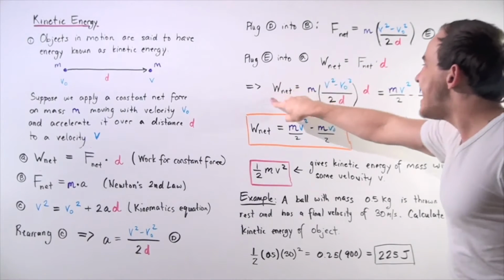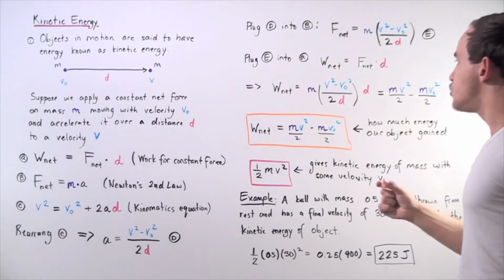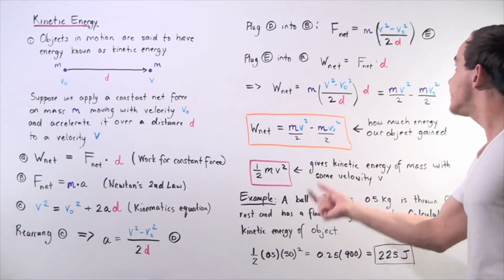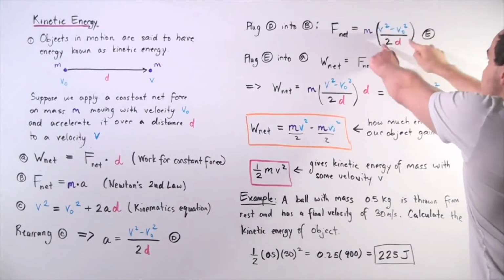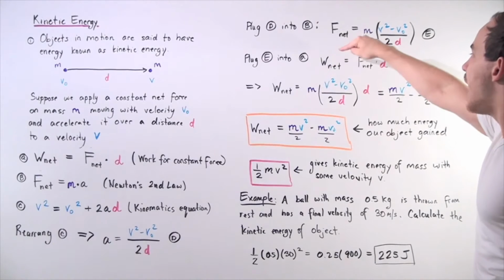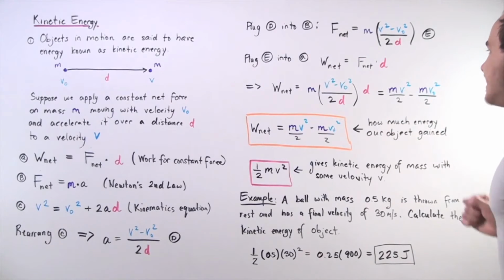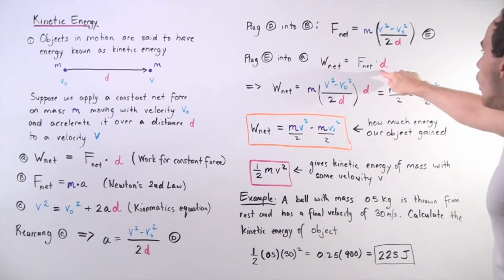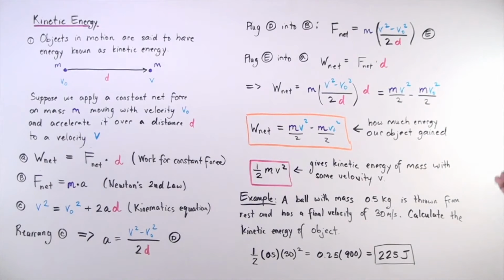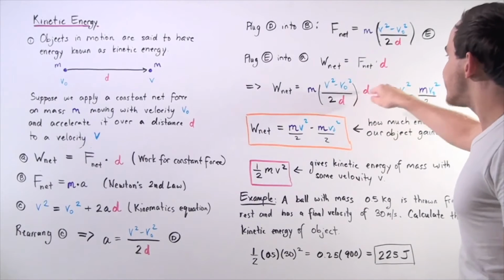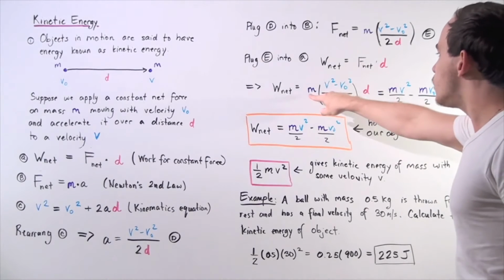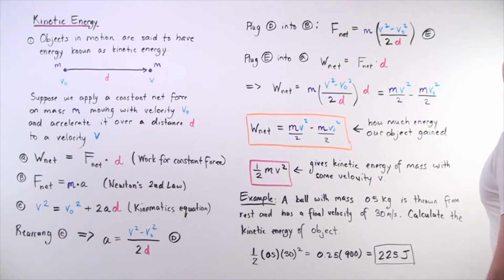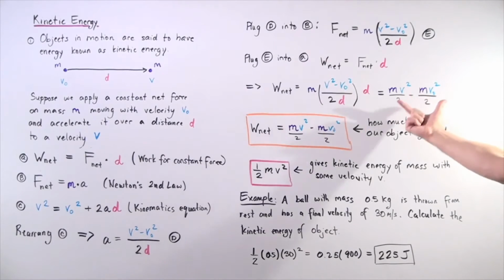So we get our net work is equal to the mass of the object multiplied by this whole guy, so our v final squared minus v initial squared divided by 2 times displacement, multiplied by displacement. So notice our displacements cancel, and let's distribute our mass to both of these variables, and we get the final formula.